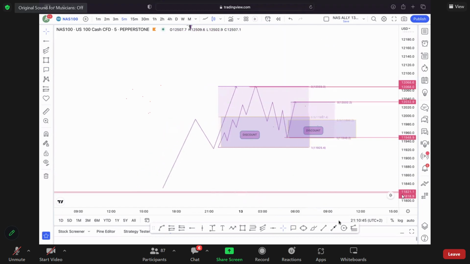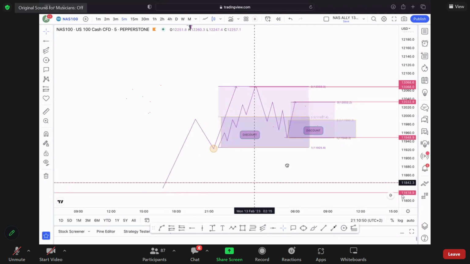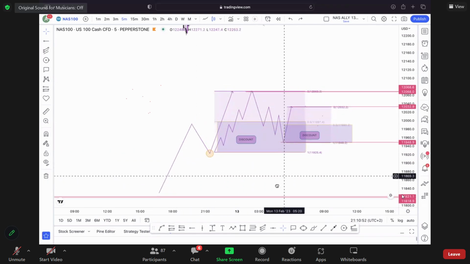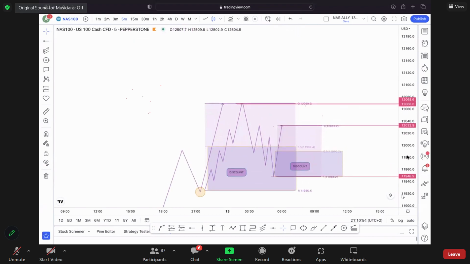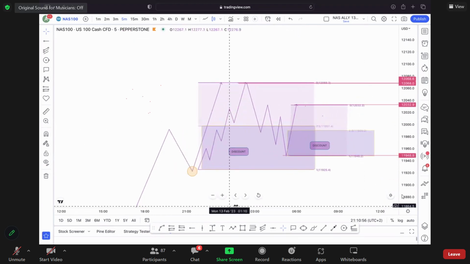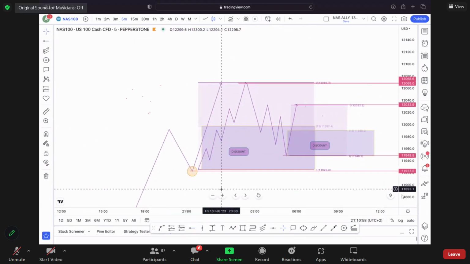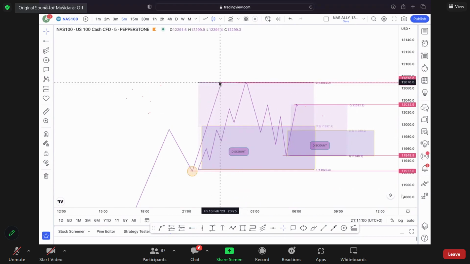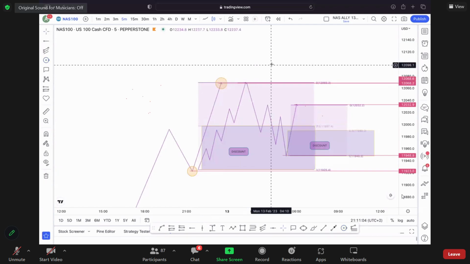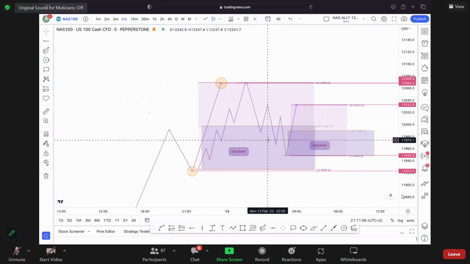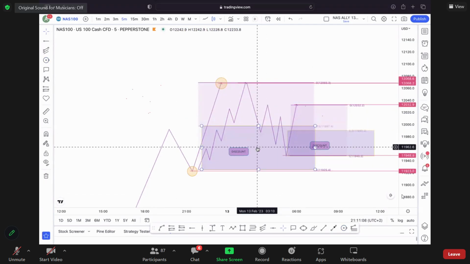Okay. So we understand that this is our swing. Do we understand that this is our swing? Our swing low and our swing high. Right? And as price approaches discount of the swing, we now jump to a lower time frame.